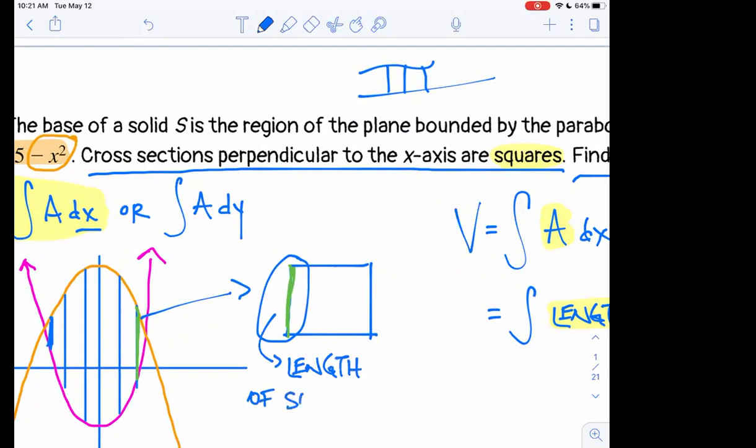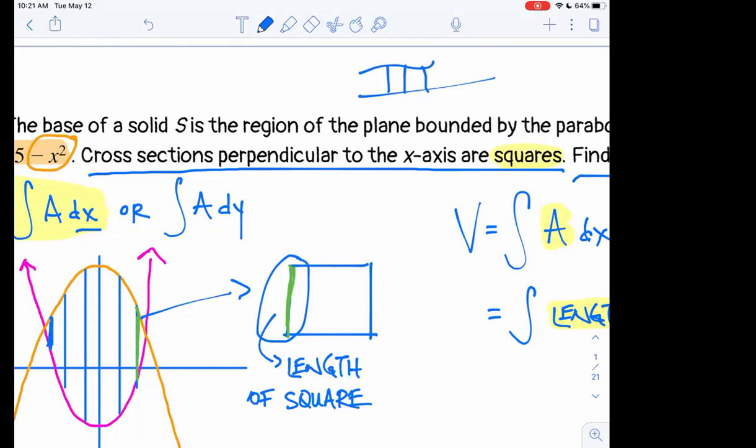Now, that length is something that I can find if I think back to Thursday's lesson.